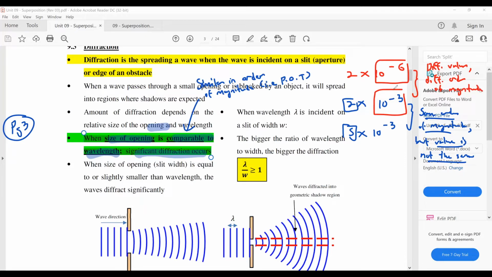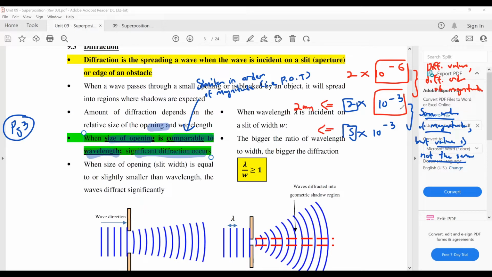When you want to evaluate order of magnitude, you normally look at their power of 10s. If they have the same power of 10, then that means same order of magnitude, but they will not necessarily be the same value. Case in point is this. All right, this one is actually equivalent to 2 millimeter.